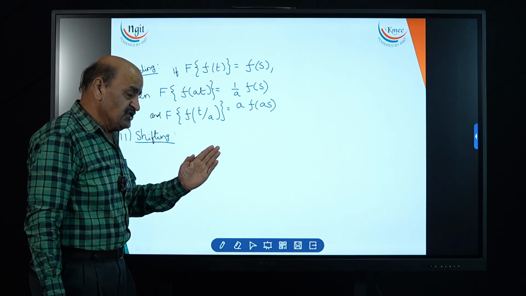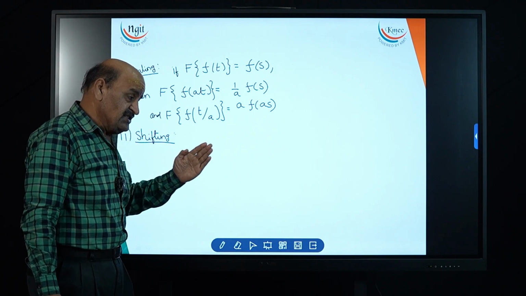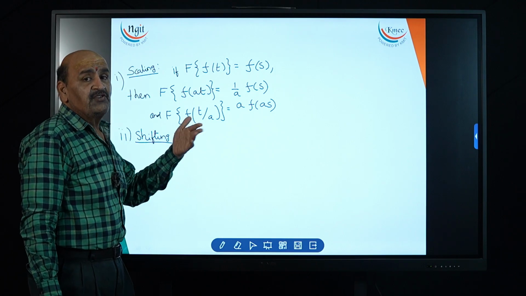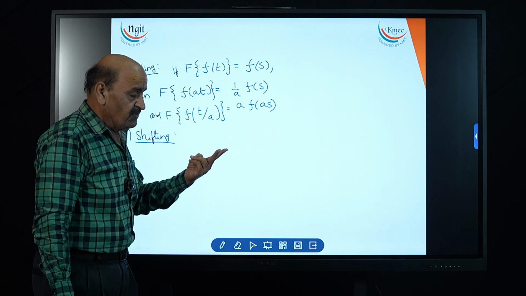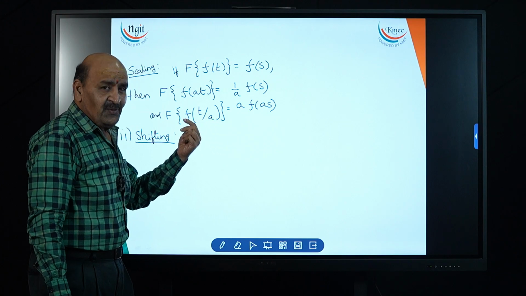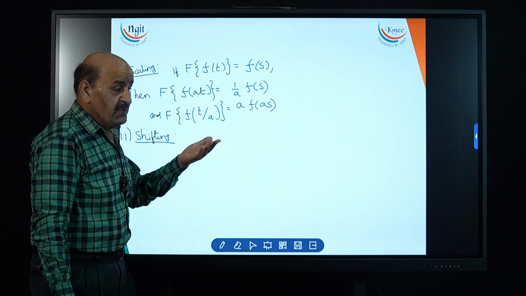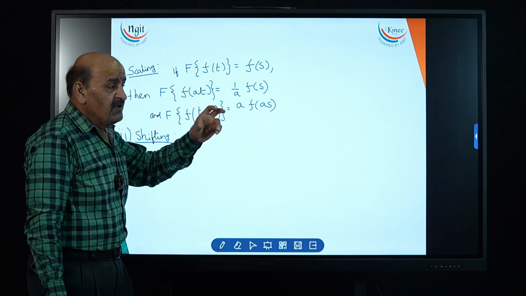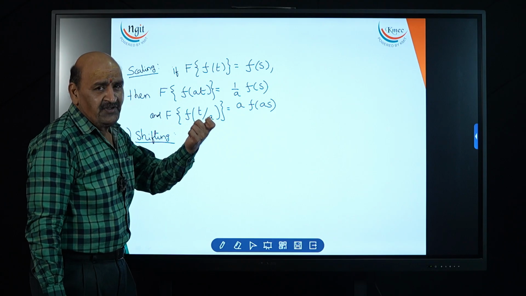Right hand side shifting always makes delay. Left hand side shifting always makes advancement of the signal. So only two properties in shifting. One is delay, another one is advancing. If a signal advances, no problem arises. But the problem will be arising when any given signal is delayed by a small quantity of seconds.